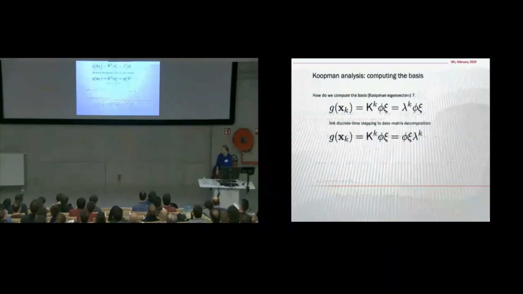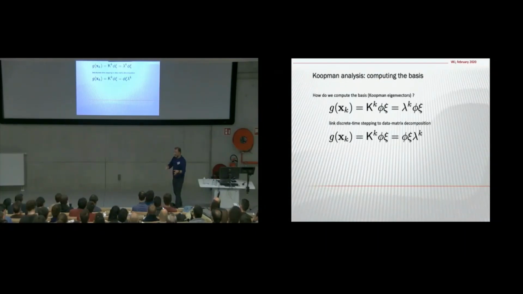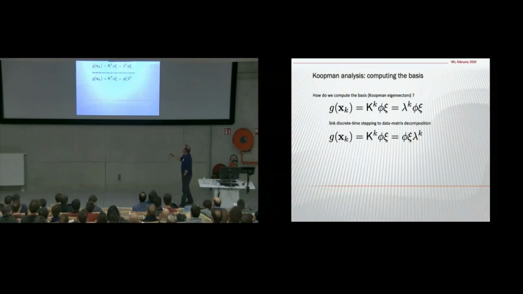Okay? So with this general strategy, the question has now been turned from figuring out the proper observables. We have figured them out, but now we have to decide how we actually get these things out. So how do we compute the basis, the Koopman eigenvectors? We're going to link that to a data matrix decomposition through time stepping. So I take my observables over k units.